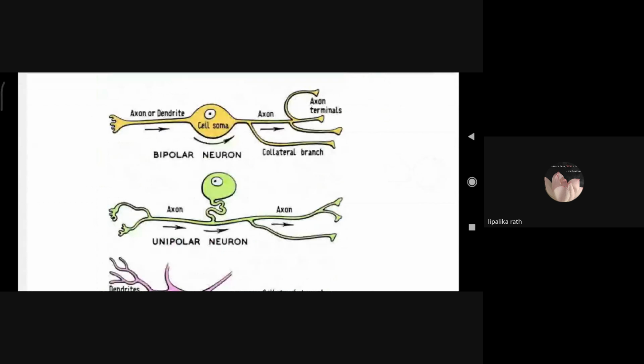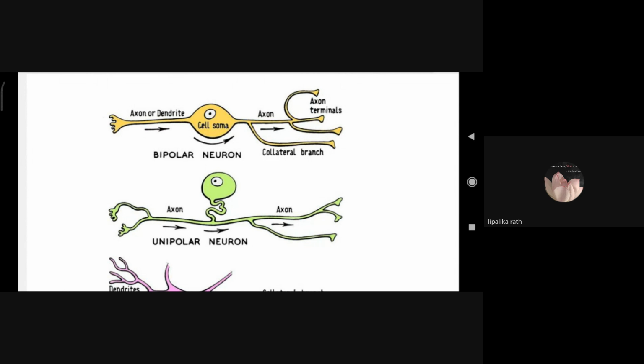So, a bipolar neuron means the neuron which can conduct the information towards the central nervous system and receive the information from the central nervous system too. That is known as a bipolar neuron. And unipolar neurons are those neurons which can proceed in one direction only.